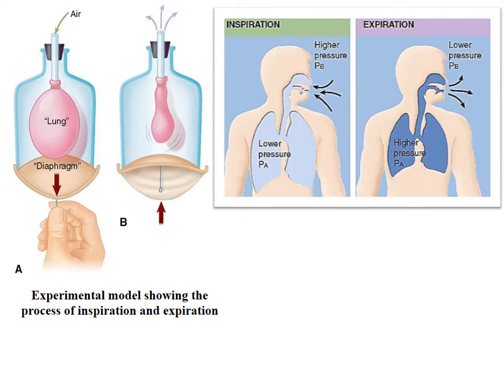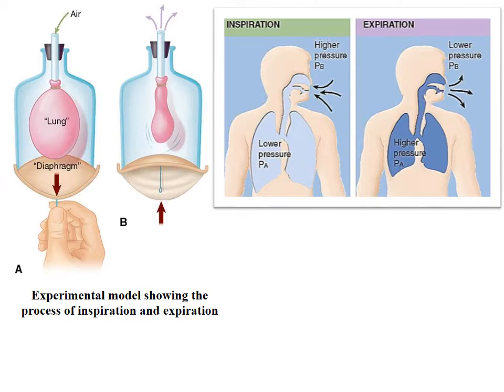When the vertical diameter increases, that causes a fall in the pressure within the thoracic cavity. As a result, air moves from the high pressure area to the low pressure area. From outside the pressure is very high, and inside the pressure is very low, so there will be passive movement of air from high to low pressure.